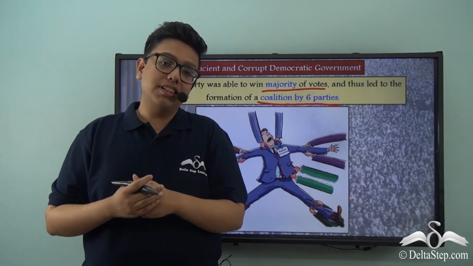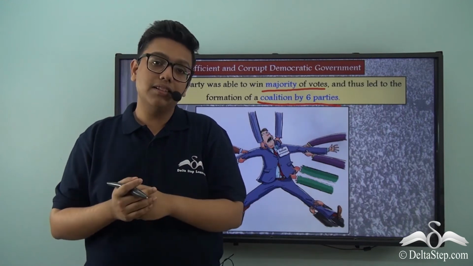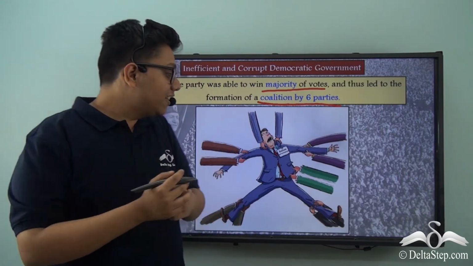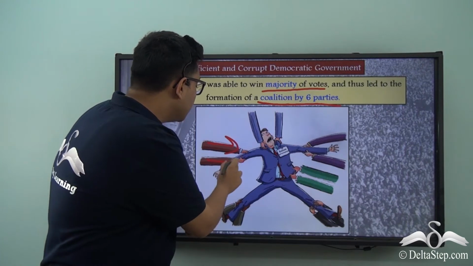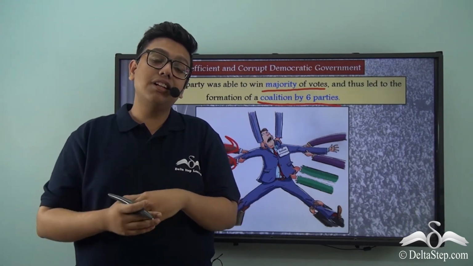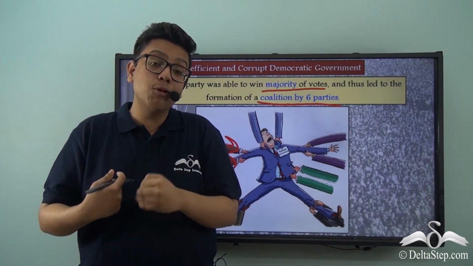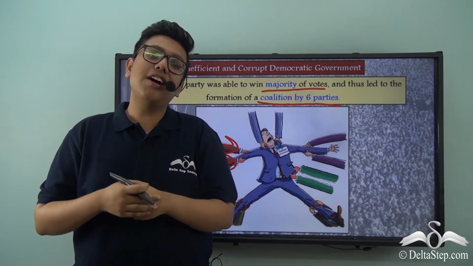Now, what was the outcome? Well, imagine you are sitting in a train compartment, and your compartment is being pulled by six different engines which are going towards six different directions. Now, six engines would definitely mean 6 times more power, right? So are you going faster?